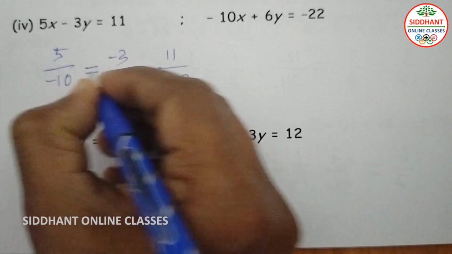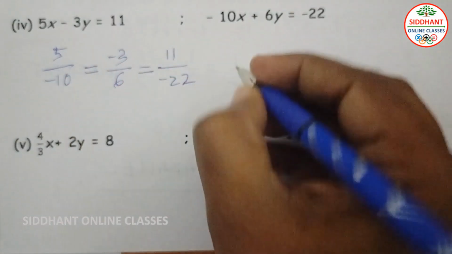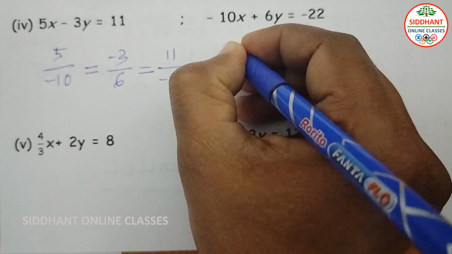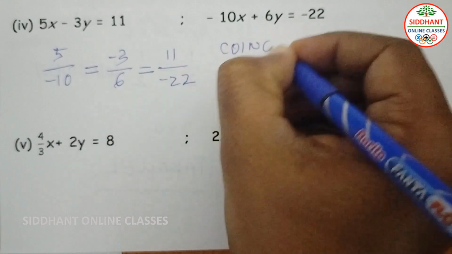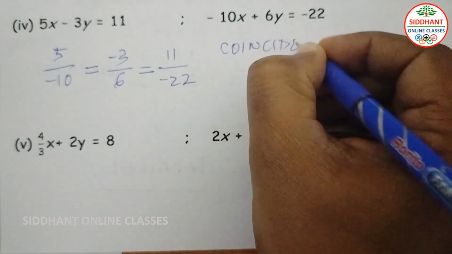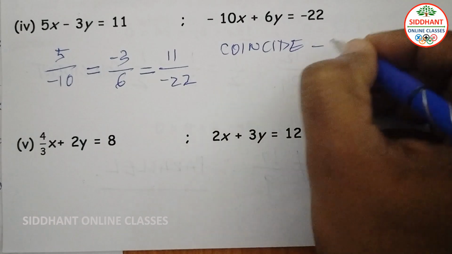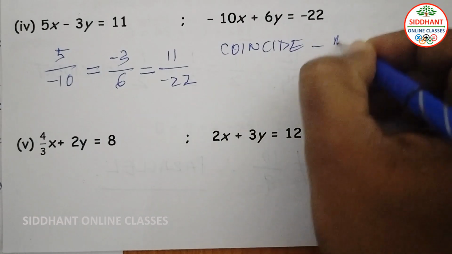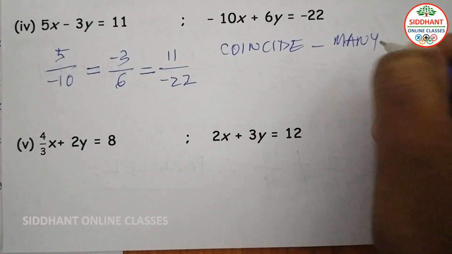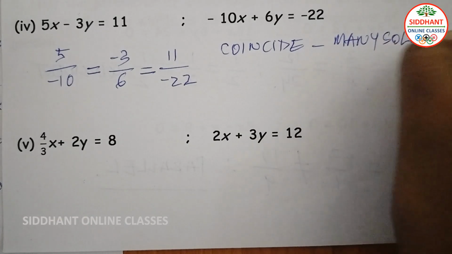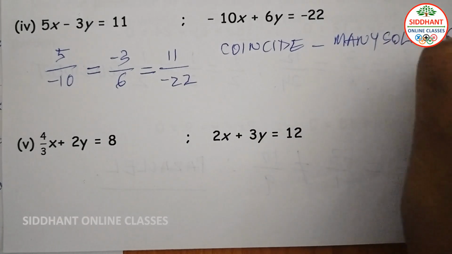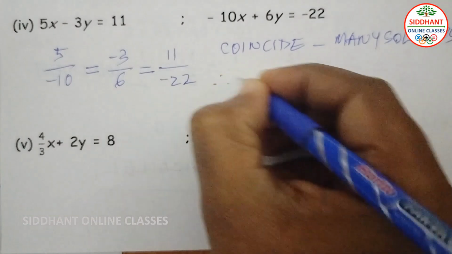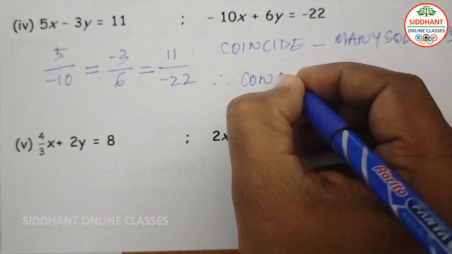So all the three are equal to each other. So we can say the two lines coincide with each other and we are going to get many solutions here and the equations are consistent.